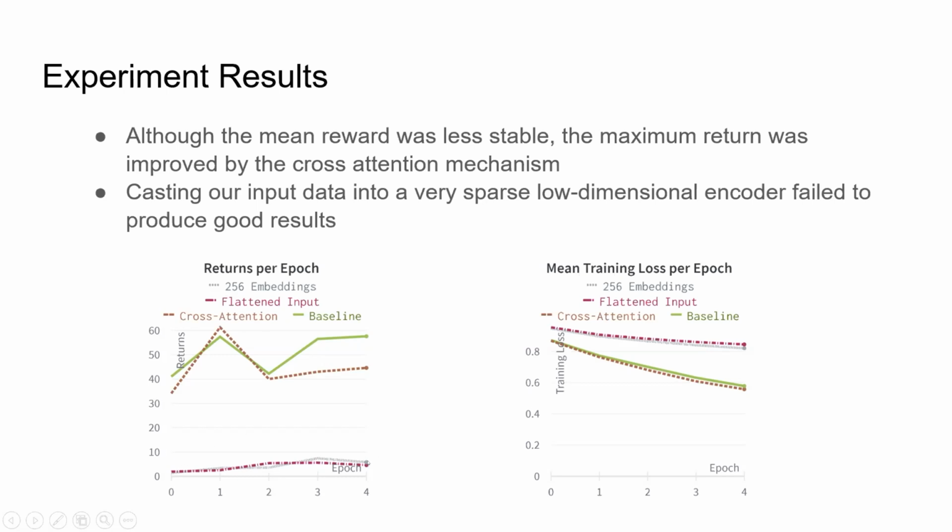And those just failed to converge because there was too tight of a bottleneck. We were just limited by the number of neurons that we could fit in that initial embedding layer, pretty much just due to memory constraints.